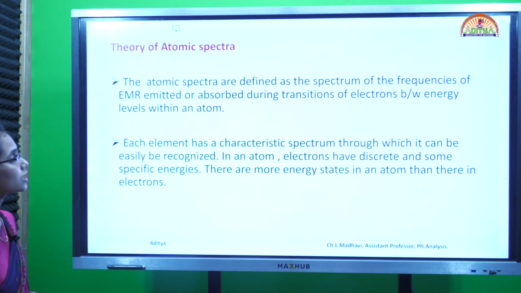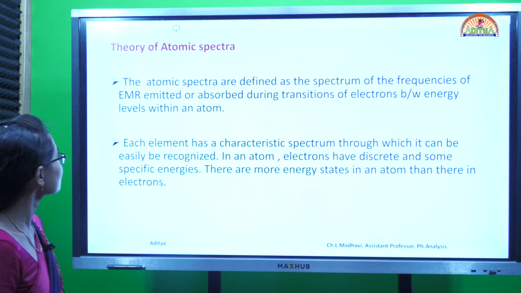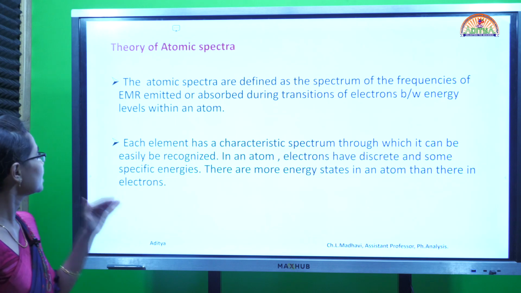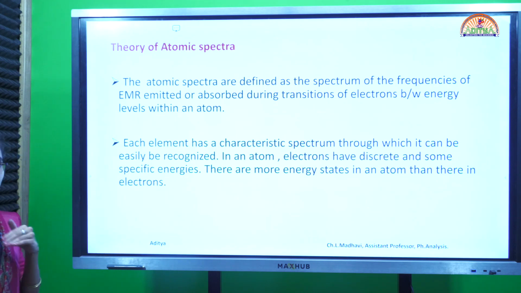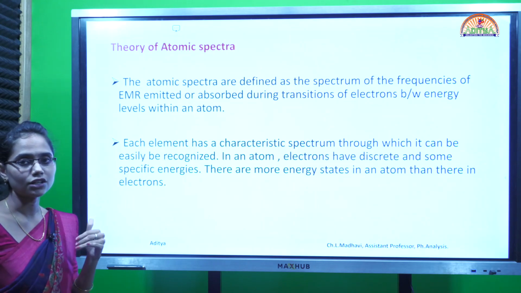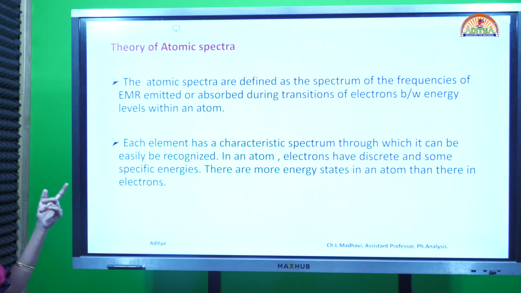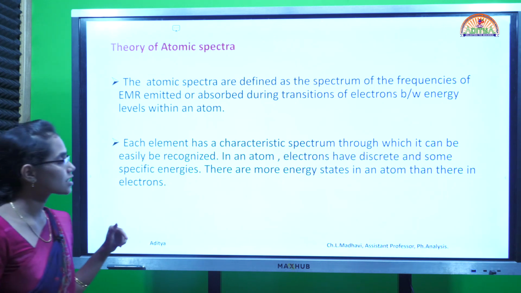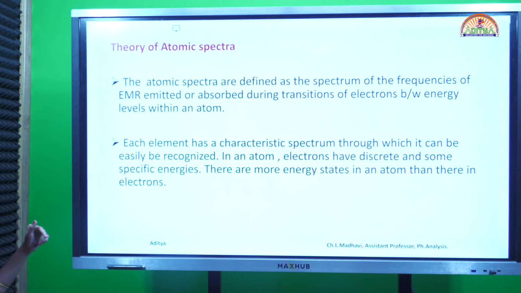The atomic spectra are defined as the spectrum of the frequencies of EMR emitted or absorbed during the transitions of electrons between the energy levels within an atom. So whatever energy transitions are happening to an electron within an atom are given by this atomic spectra. Each element has a characteristic spectrum through which it can be easily recognized.